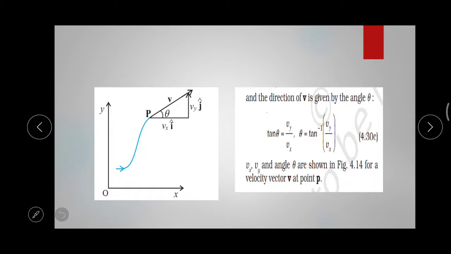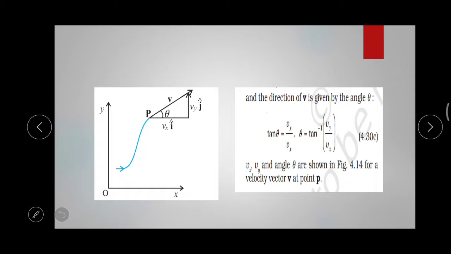Then, as we discussed in the last sections, the magnitude of vx will be equal to v cos theta, and the magnitude of vy will be equal to v sin theta.